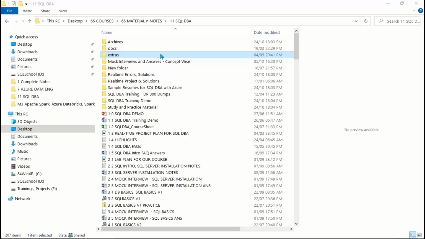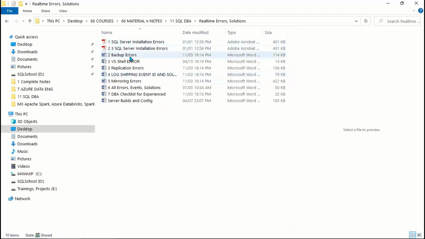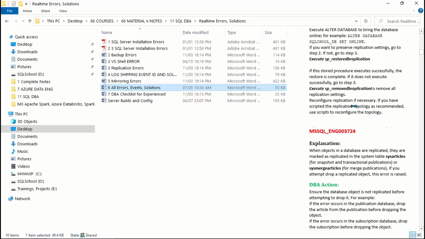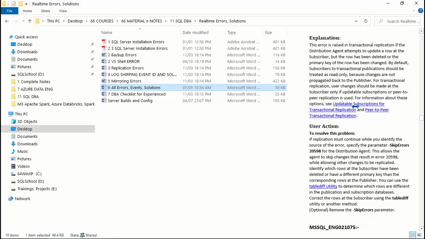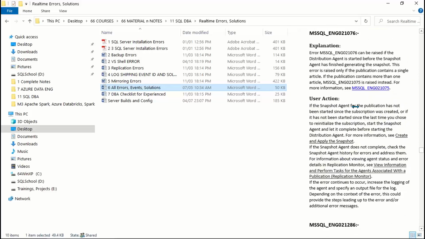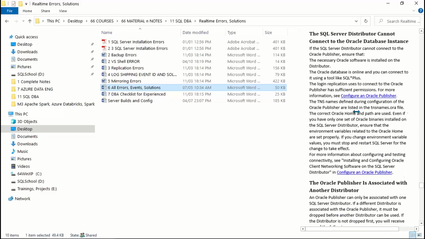Extras, we have them. And common errors and solutions concept wise. All possible errors and solutions, we need to have that kind of repro activities. Common errors and solutions, anyway, we need them.